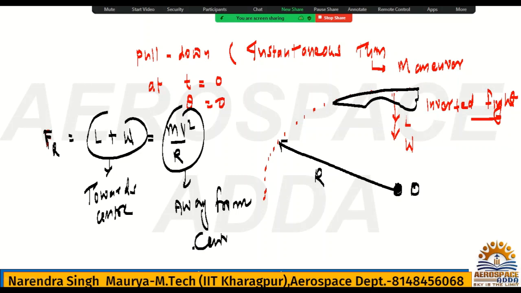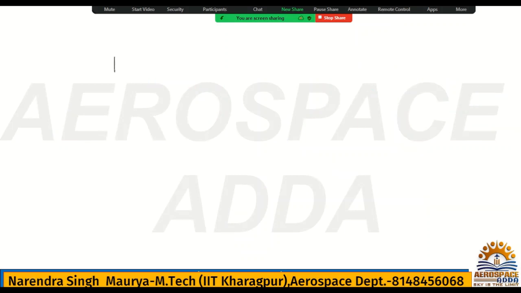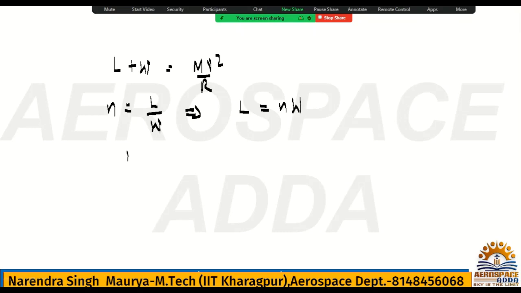Yes or no? So it will be balanced. So total force in the radial direction is equal to 0. So you got L plus W is equal to mv square by r. As you know, N is equal to lift by weight. So what is lift? It is nothing but N into weight. You can write this.